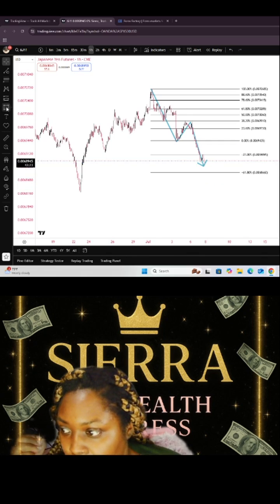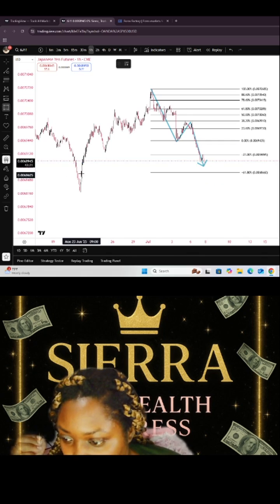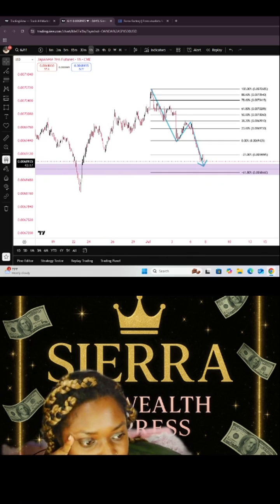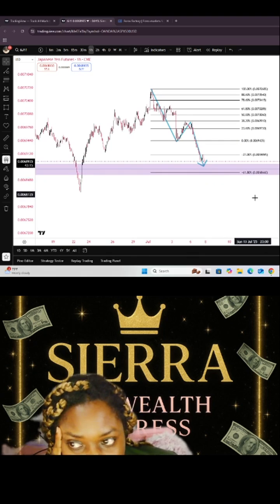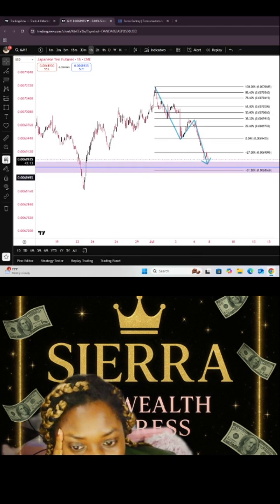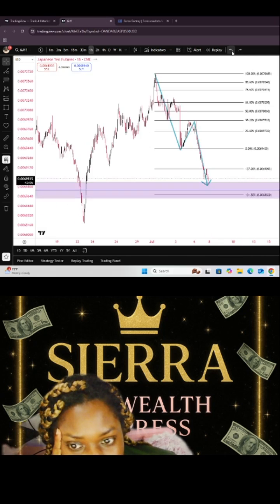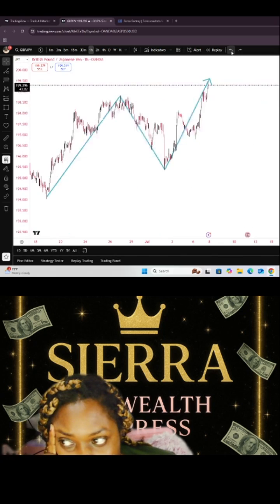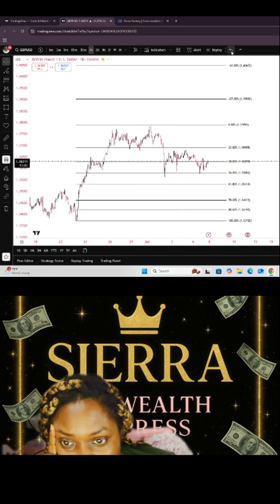When you have a zone near a Fibonacci TP level, take it to that zone. Okay? Take it to that zone because it's going to that zone. Like on GU, I'm going to go back, get my chart back. It took me back to GJ.